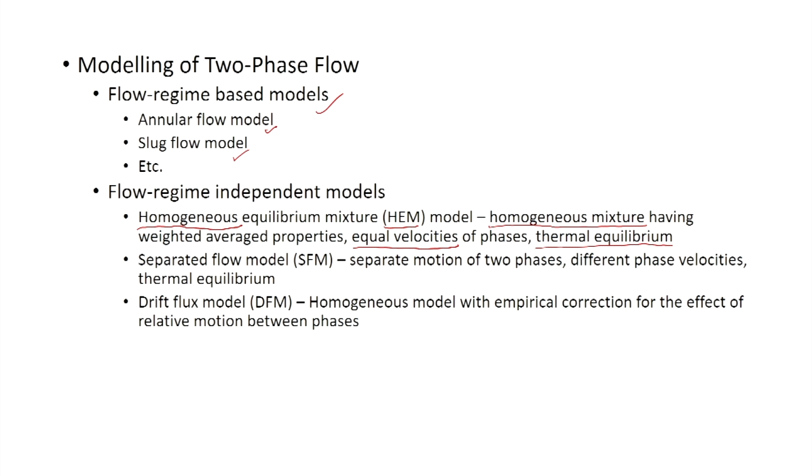If both phases are liquid and gas phases of the same substance, for example, water and steam, then both of them will be at the saturation temperature at the local pressure. So, therefore, the properties of the liquid and gas phases can be calculated by knowing the pressure.